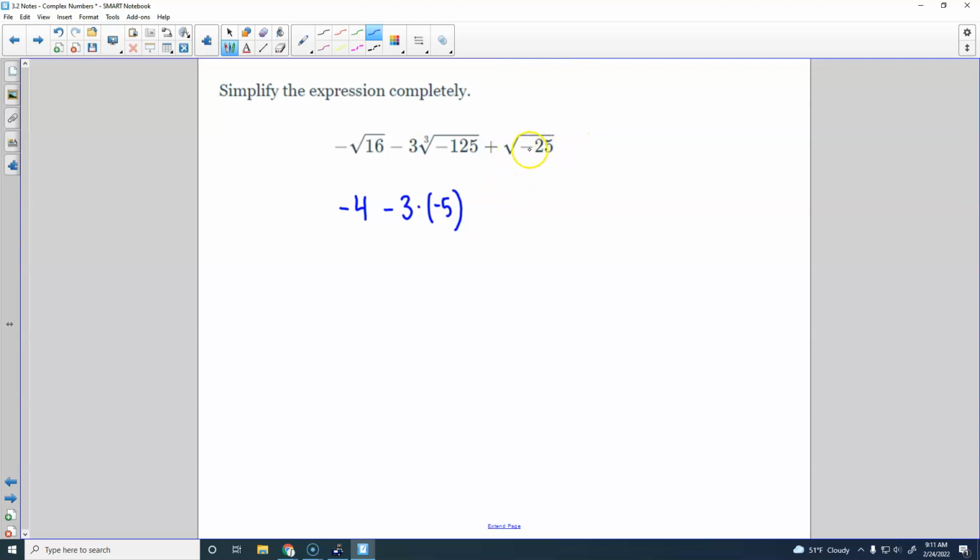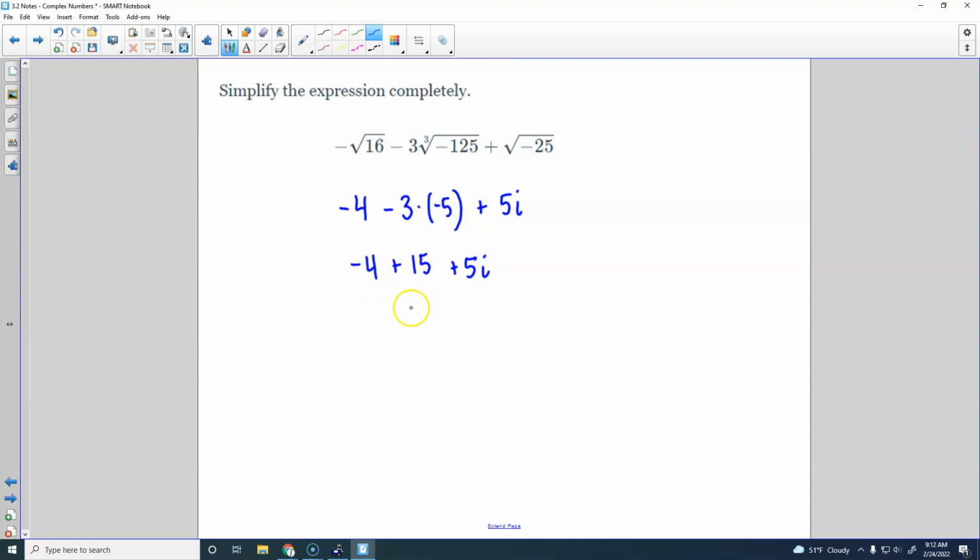And then we've got the square root of negative 25. Ronald, what's that going to give us? Yep, 5i. Very good. All right, so we have negative 4 plus 15 plus 5i.